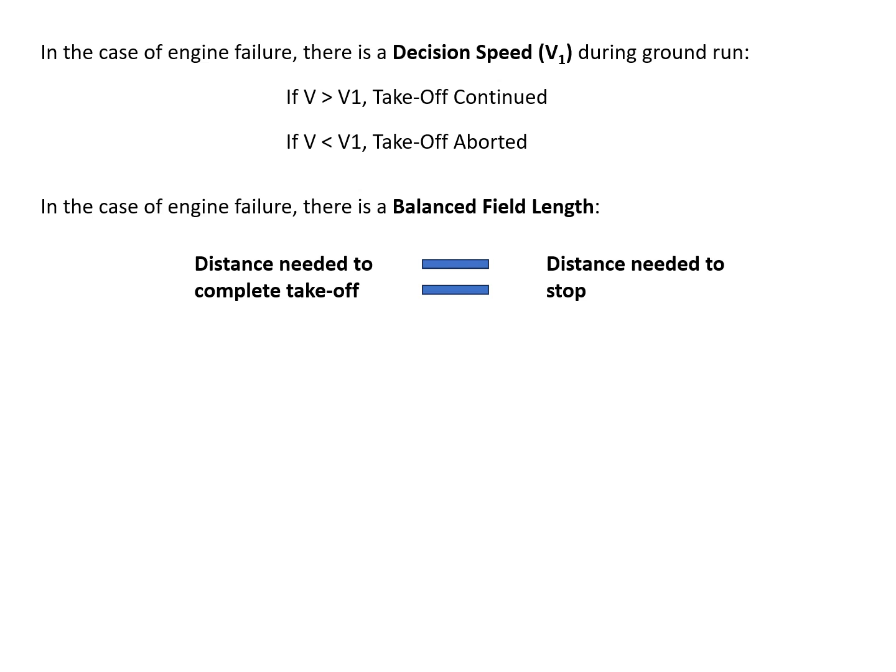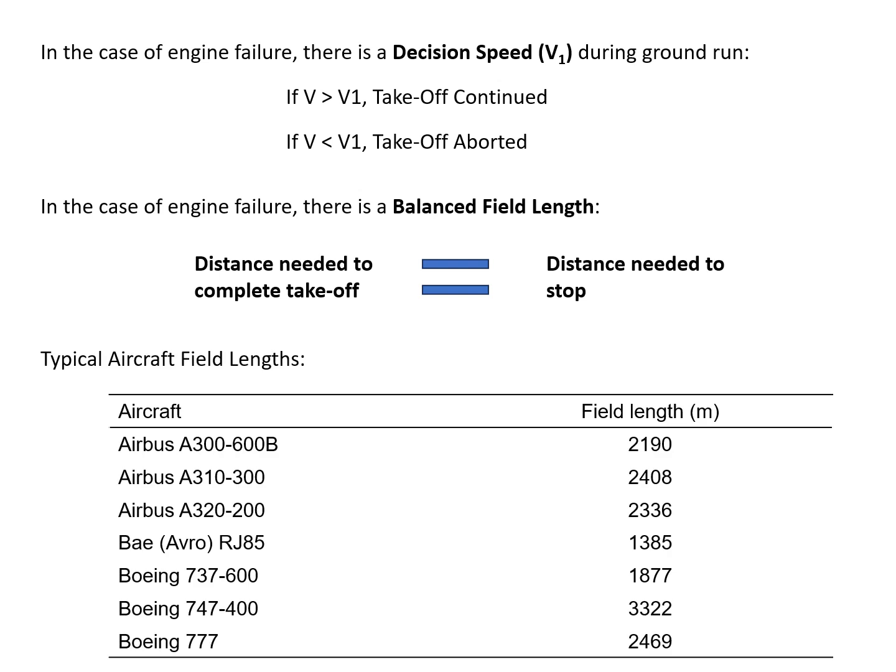And we can see there are some typical balanced field lengths for different aircraft. For the Airbus A320, the balanced field length is about 240 meters. And for the jumbo jet Boeing 747, it's much larger, about 3,300 meters. So you can see the typical examples.